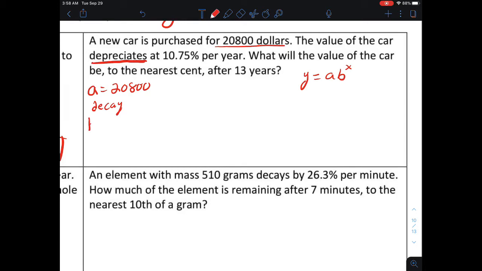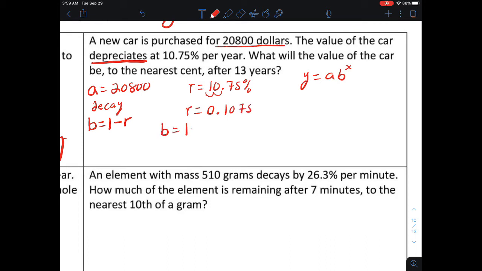And decay means that B is going to equal 1 minus R. Well, R is going to be the rate at which we depreciate, so 10.75%. I convert that into a decimal, so I move my decimal 2 places to the left. So R is going to equal 0.1075. And we put that into our B line.